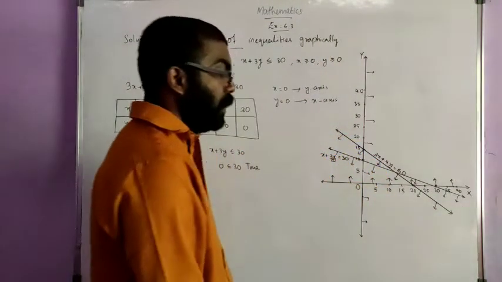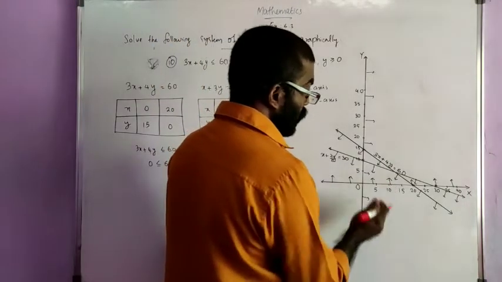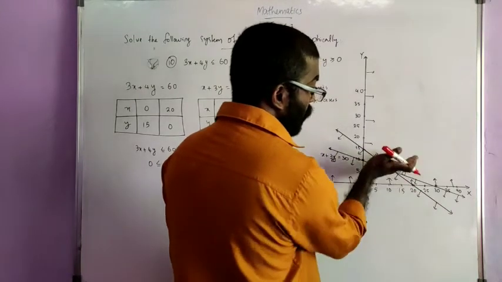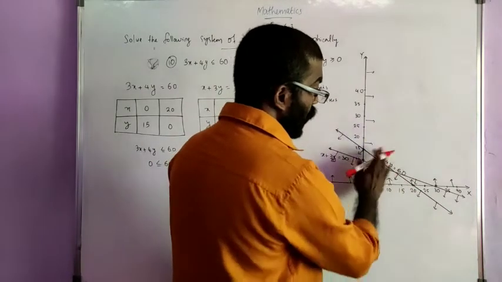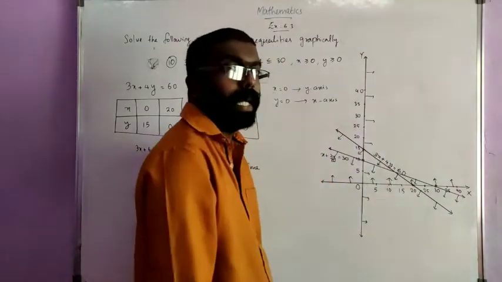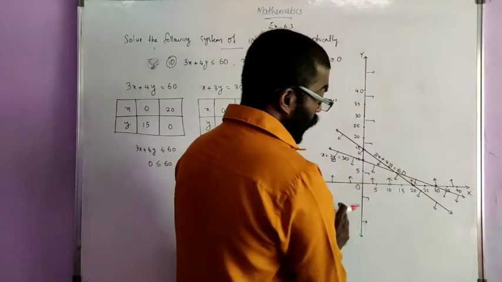Okay. Now we can find the solution region. Here you can check the markings. Right side of y-axis, upper part of x-axis. So it is only in the first quadrant. The right side of y-axis and the upper part of x-axis. Okay. And lower part of these two lines.